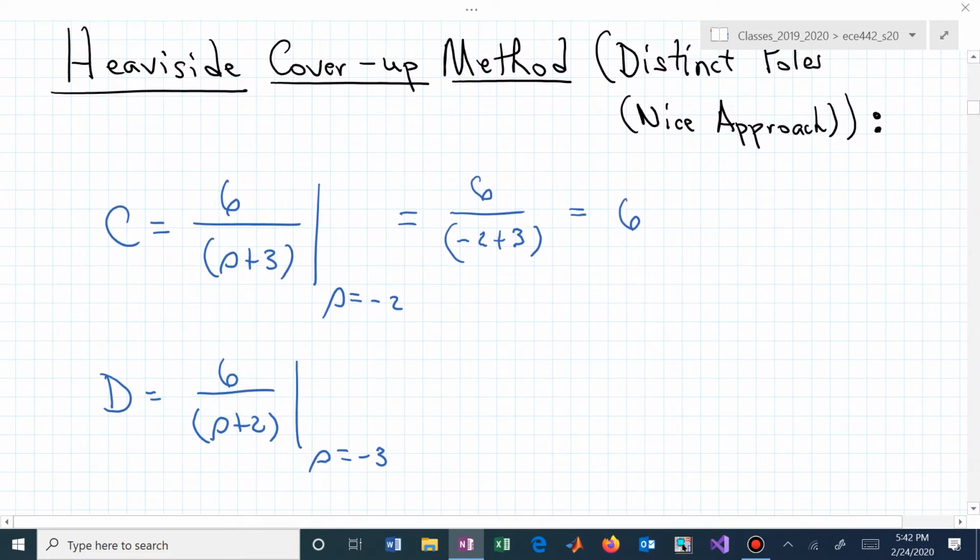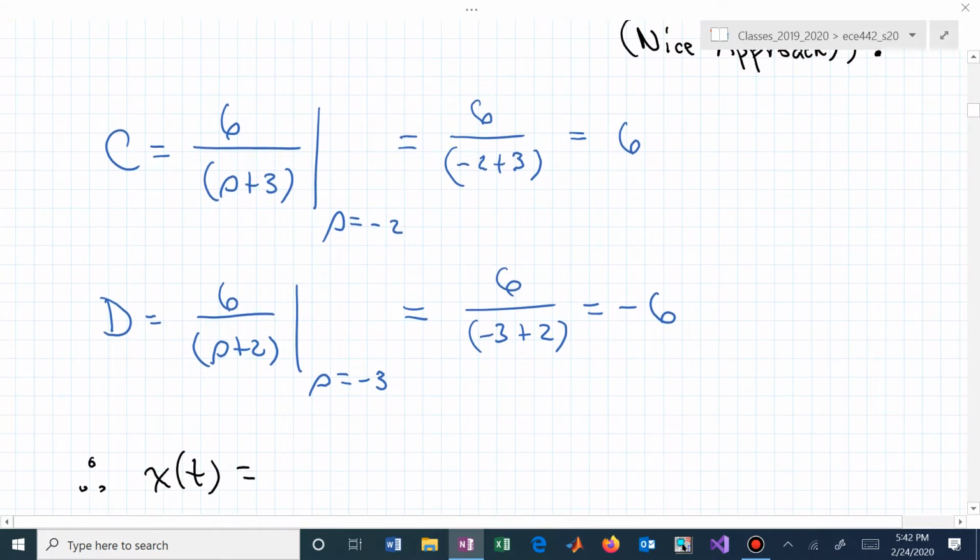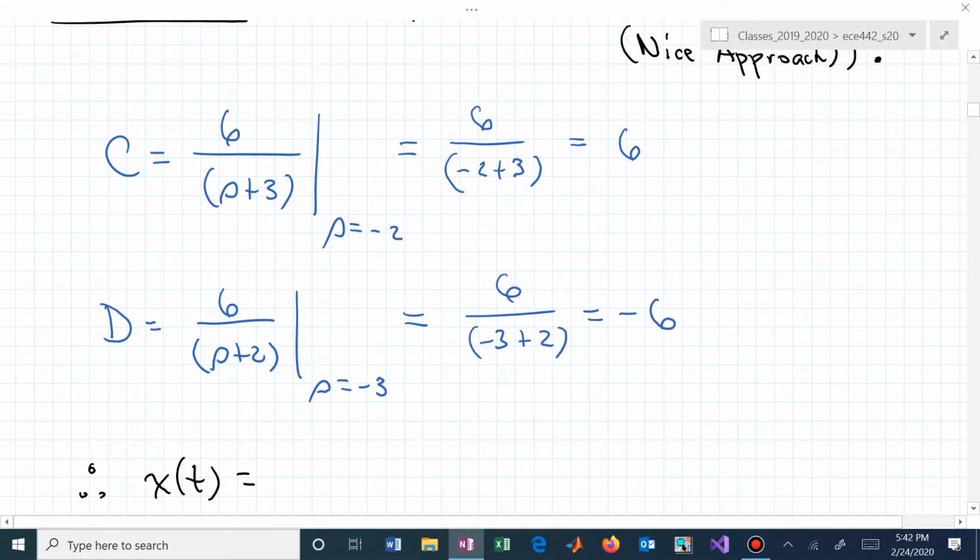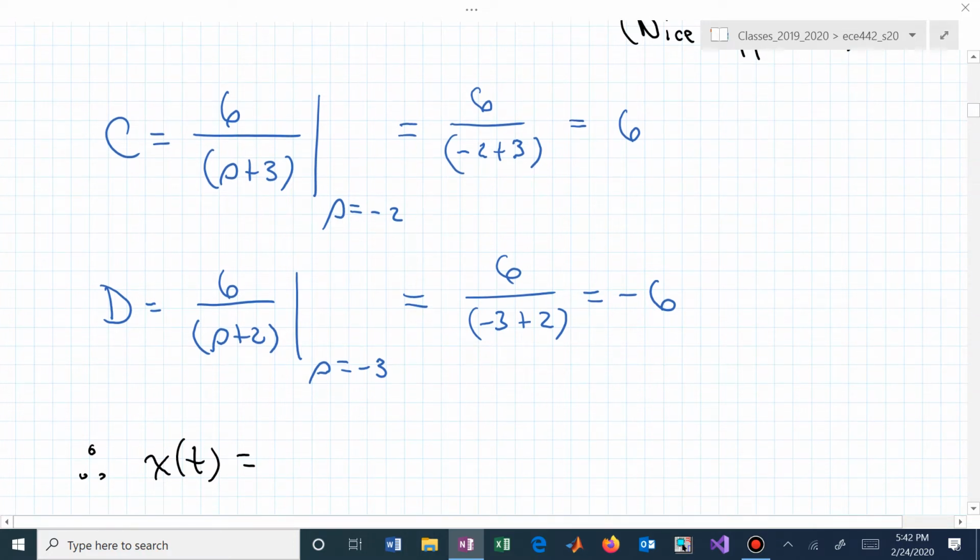D can be done similarly. Now we cover up the s plus 3 factor that was sitting underneath d on the left-hand side. We now have 6 divided by -3 plus 2, or now we have -1 dividing into 6 to give us d equaling -6. Now we have the specific x of t that we were after. We now have 6 e to the -2t minus 6 e to the -3t for t greater than or equal to 0.